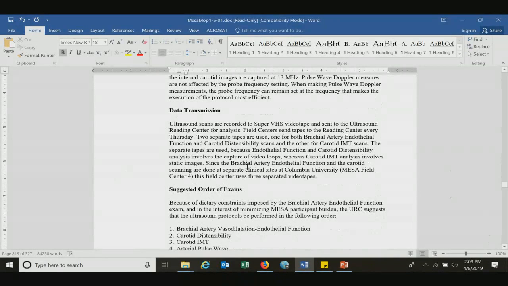So this is describing how the different recordings should be made and how you are going to send them. Okay. So any questions about these kind of visit guidelines, flow sorts of things?